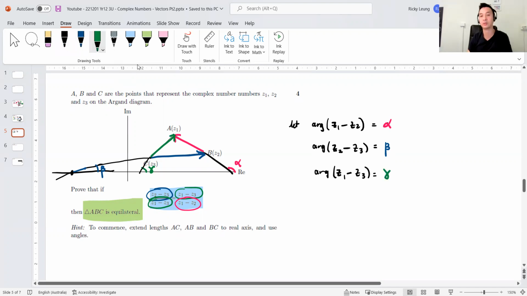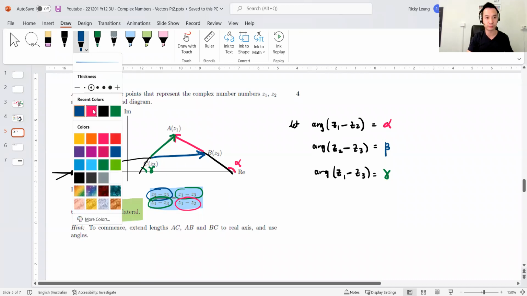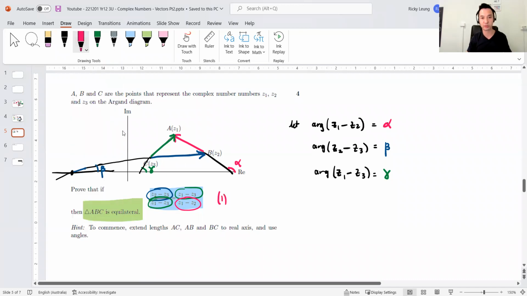Cool. What I want to prove is that this is an equilateral triangle, but we're given this fact. Let's call it equation number 1, in pink, because I'm going to use it.